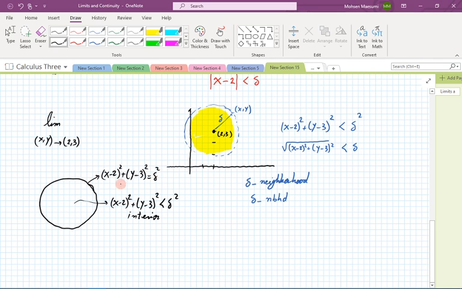You are right on the edge, or sometimes they call it the boundary. If you are outside here, well, your distance from the center is more than delta. In that case, you are in the exterior of that disk. So this thing is sometimes referred to as a disk of radius delta.